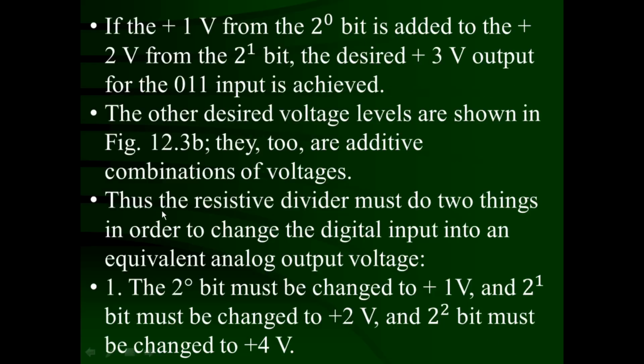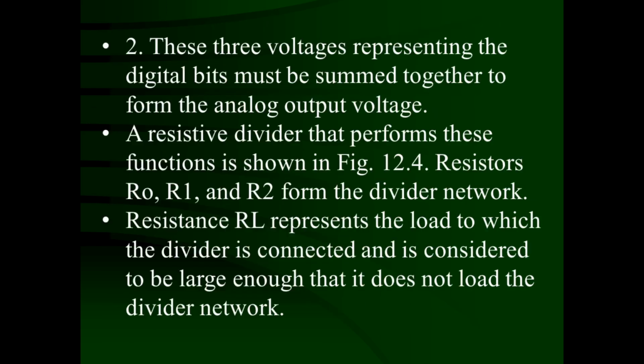Thus the resistive divider must do two things in order to change the digital input into the equivalent analog output voltage. The 2 raised to 0 bit must be changed to plus 1 volt, the 2 raised to 1 bit to plus 2 volt, and the 2 raised to 2 bit to plus 4 volt.